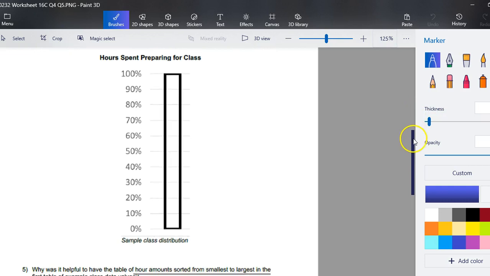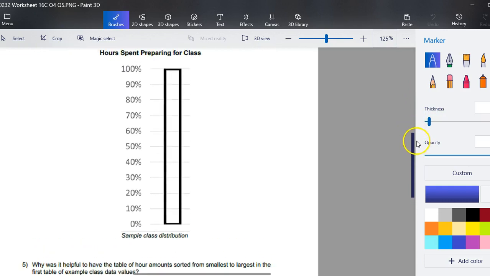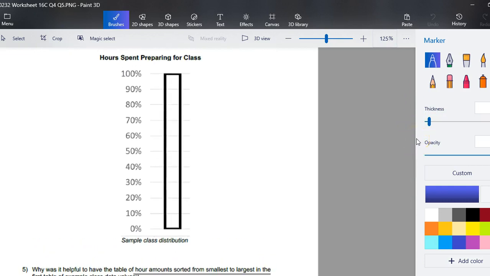So the data that we had, and it's the sample class distribution, down here at the bottom, and I'll even try to use different colors. Down here at the bottom, and we'll make a key as we go along, this was our 3.33%, and this is the one that represented students studying 0 hours.